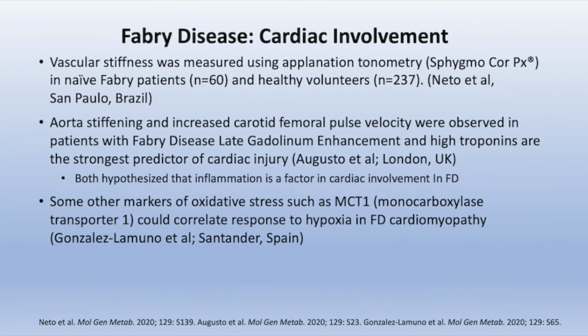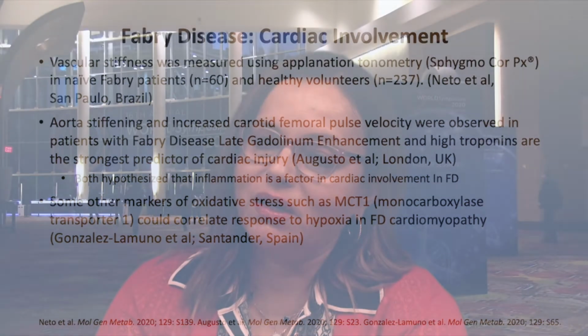We are moving again to how we can assess the cardiac involvement in Fabry disease. As it has been previously reiterated by the German group, now the UK group is presented by Augusto et al.